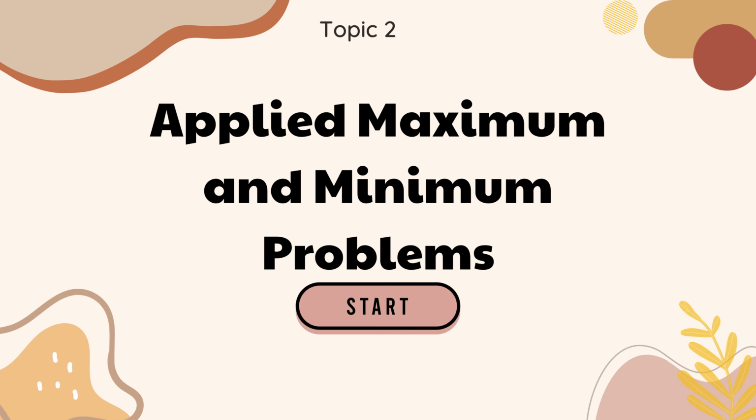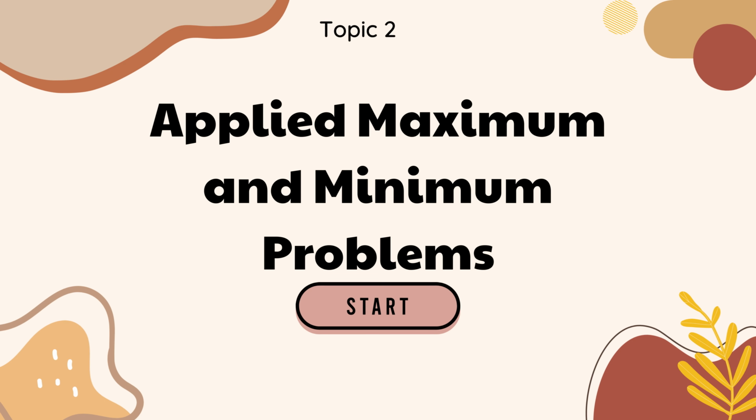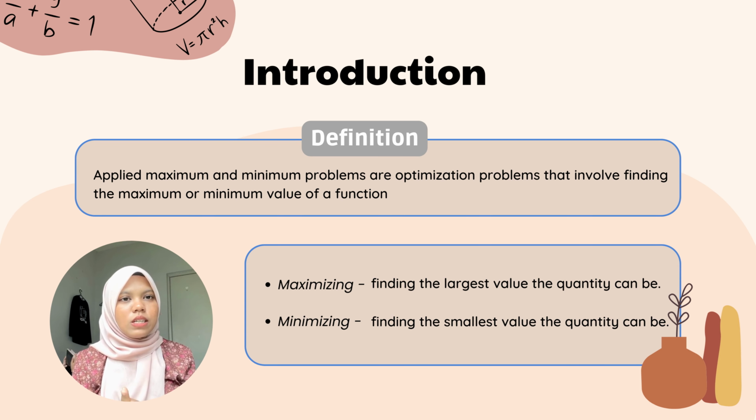Okay, the second topic is applied maximum and minimum problems. These are optimization problems that involve finding the maximum or minimum value of a function. Maximizing is finding the largest value the quantity can be, and minimizing is finding the smallest value the quantity can be.